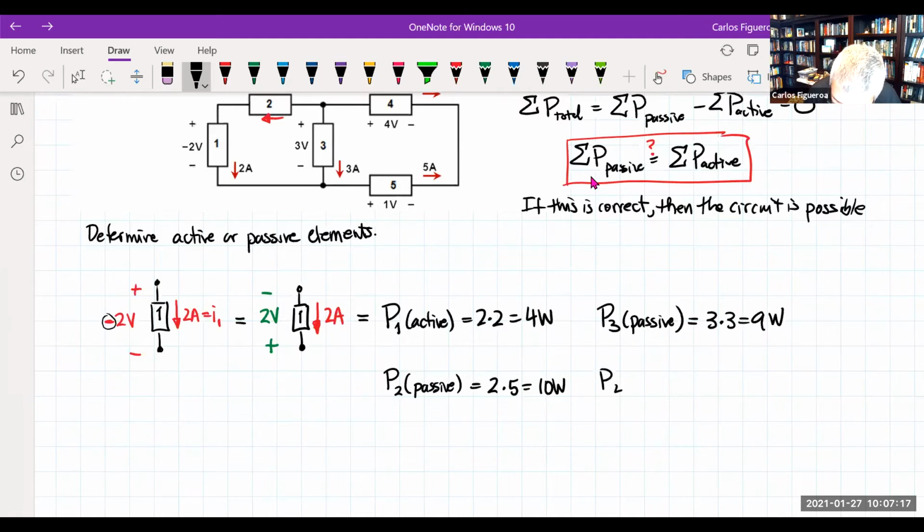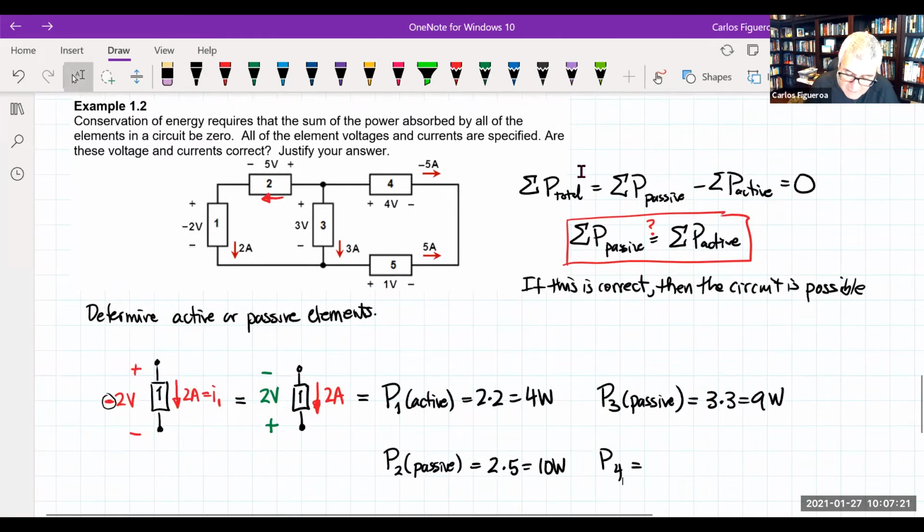If I go to P4, I'm looking at the following thing here. Check out the current. Look how I'm trying to confuse you by putting a minus sign here. And note that on this one here, this is a plus sign because I didn't draw a minus sign. So what this is really saying is that the -5 current is really 5 amps going in that direction.